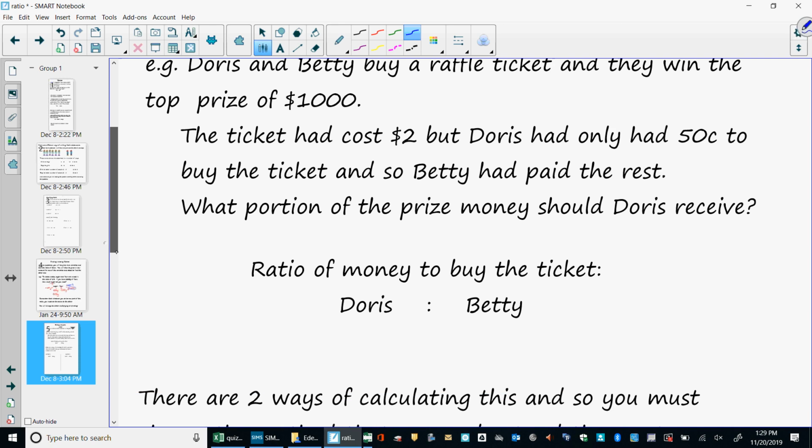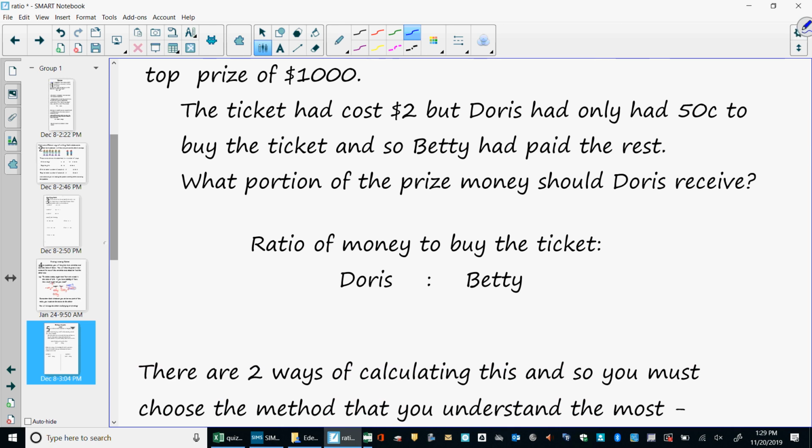So, first thing we need to do is establish what ratio they paid their money in. So Doris paid 50 cents. Now here is your choice. You could be going into dollars. I prefer whole numbers, so I'm going to stick with cents. So Doris is 50 cents, Betty would be 150 cents, yes?